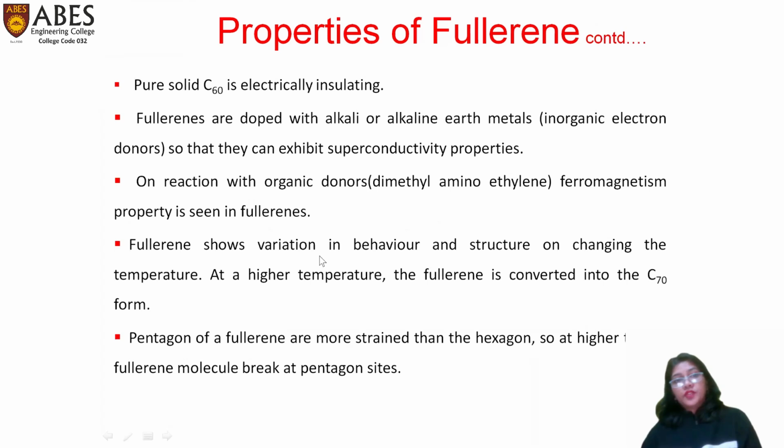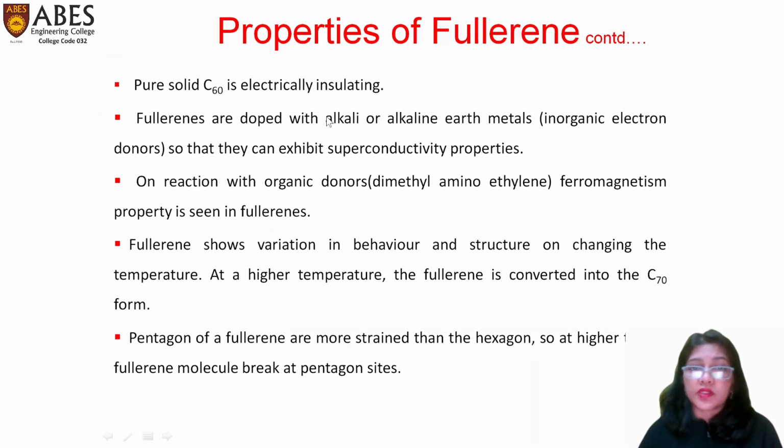Properties of fullerenes further. C60 in pure form is electrically insulating, but when it is doped with an alkali or alkaline earth metal, it shows superconductivity. Again, when C60 fullerene is reacted with an organic donor, for example, dimethyl aminoethylene, it shows ferromagnetic properties.